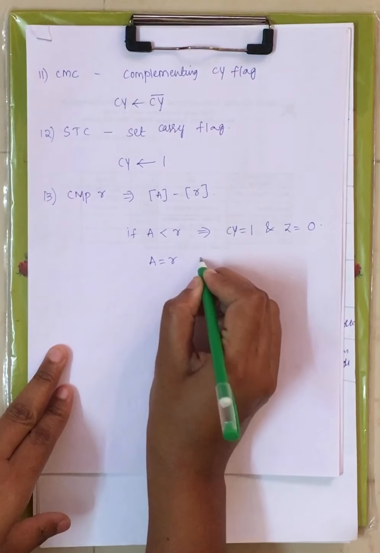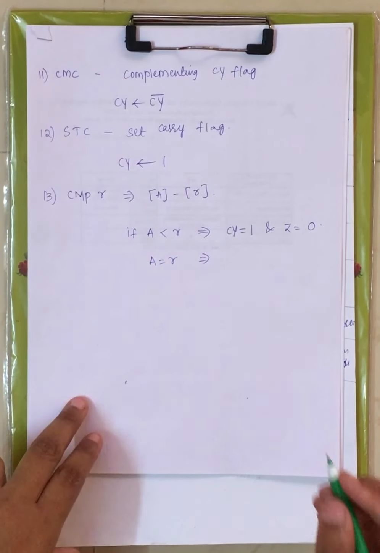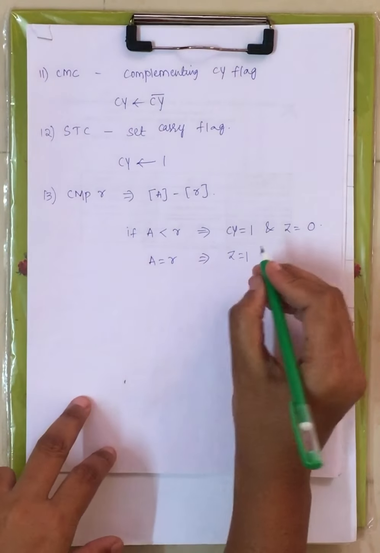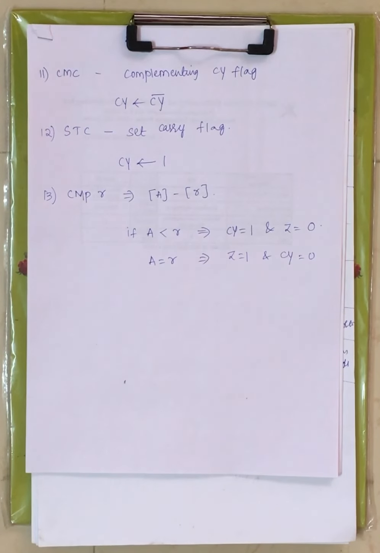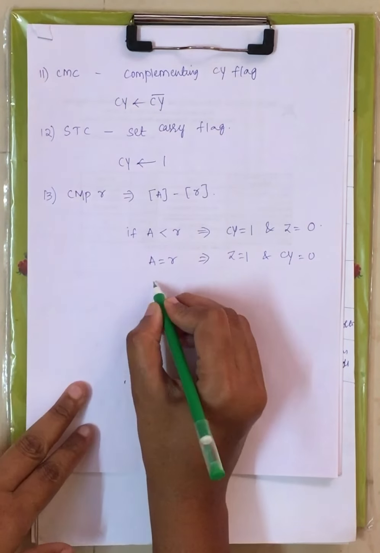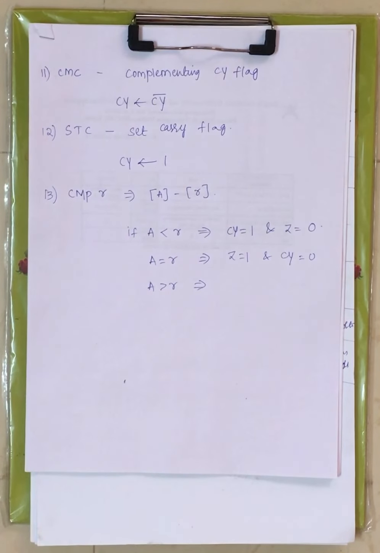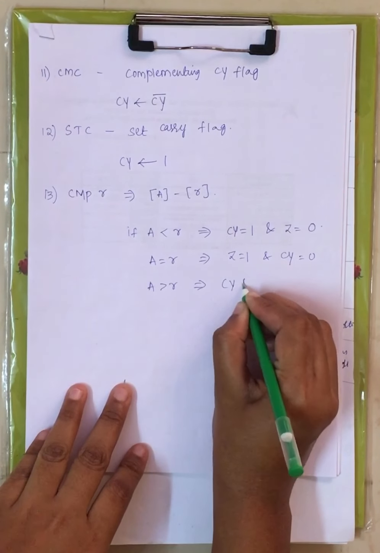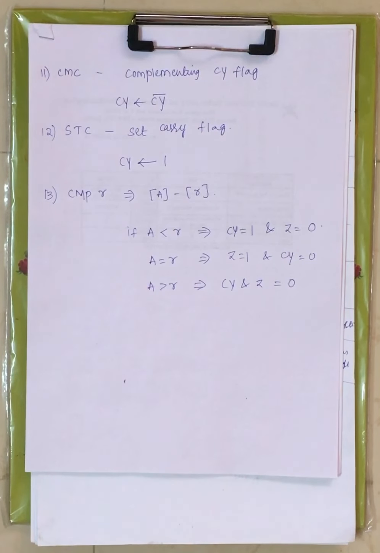When both are equal, when the contents of the accumulator are the same as the contents of register R, the zero flag is set to 1 and the carry flag is set to 0. Just reverse. When A is greater than R, that means the contents of the accumulator are greater than the contents of register R, for this condition both the carry flag and the zero flag are reset. Both will be 0.